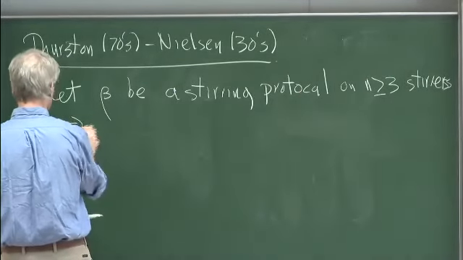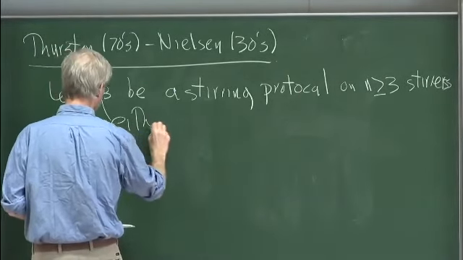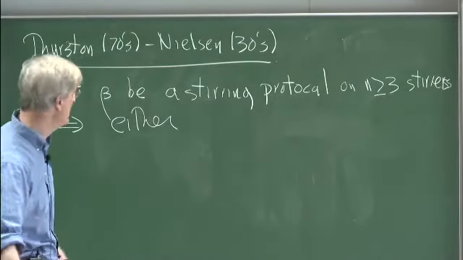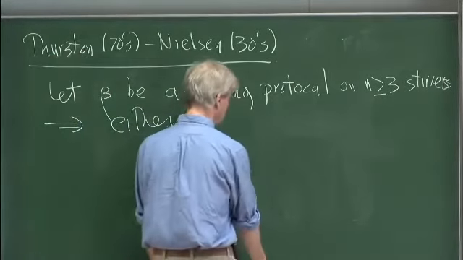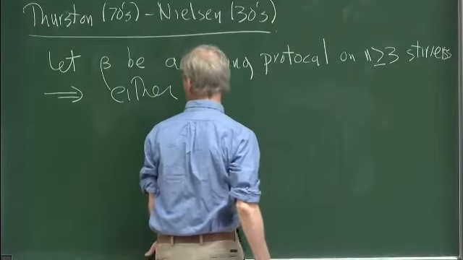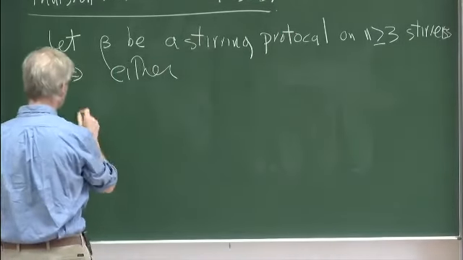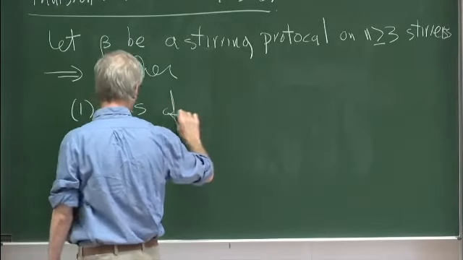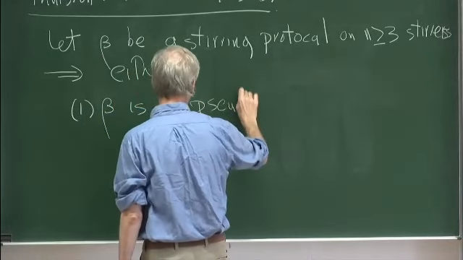All right, then either, so this is the dichotomy. In fact, it's a trichotomy. So there are 2 main cases. And this is, as I said, all computable. So the first thing is that beta is of pseudo-Anosov type.